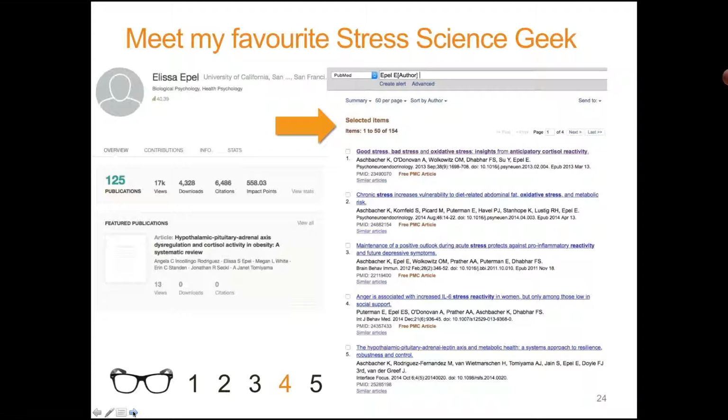She's written a lot on the relationship between high cortisol and telomere length, and the relationship between psychosocial stress and inflammatory cytokines like IL-6 and IL-1 and so on.